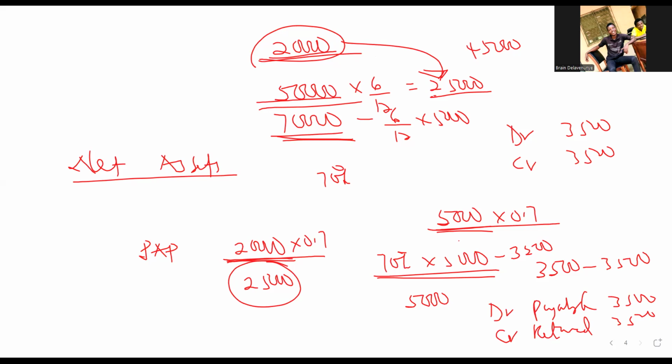But if the question says that this has not been accounted for, but if the question says that this has already been accounted for, and the parent has shown its figure as receivables, it means that the 3,500 has already been taken to retained earnings.